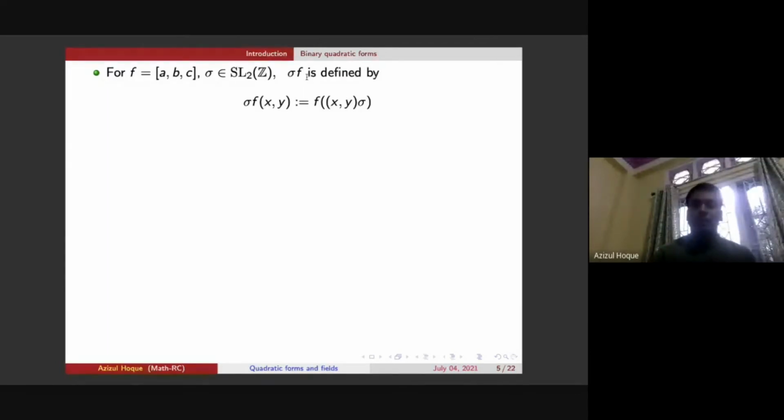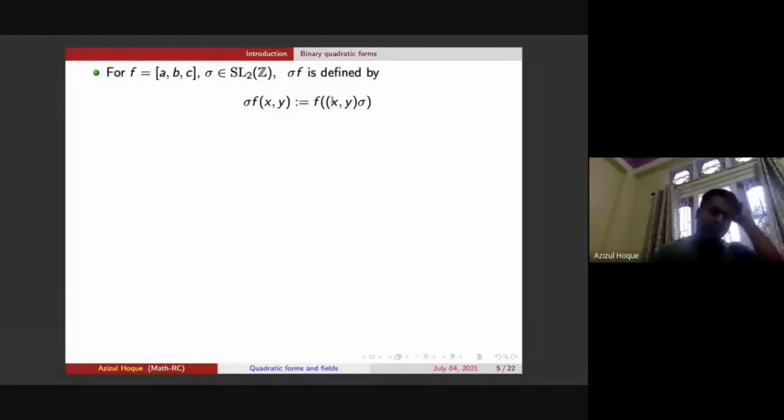The sigma acts on this f, and this is a 2 by 2 matrix. If I multiply this with this, you will get rx plus sy and tx plus uy like that. So you are getting another binary quadratic form.